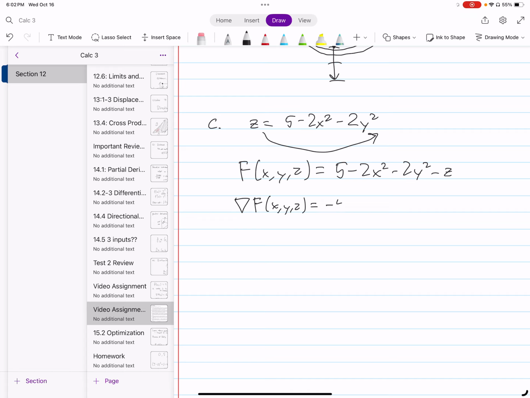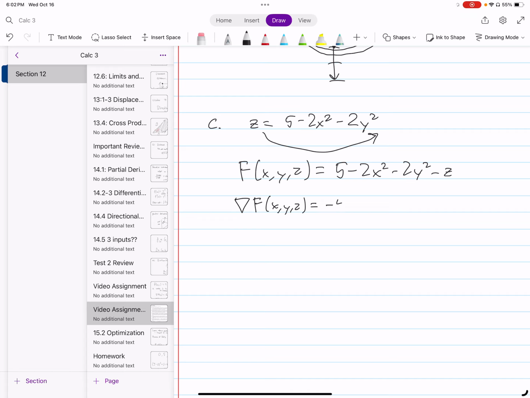Just like that. And then it wants us to find it at the point -1, -1, 1. So you'll go ahead and just plug these numbers in, notate it right.